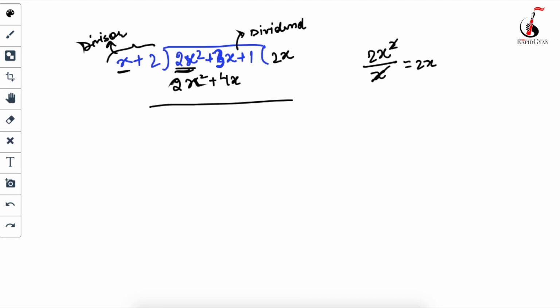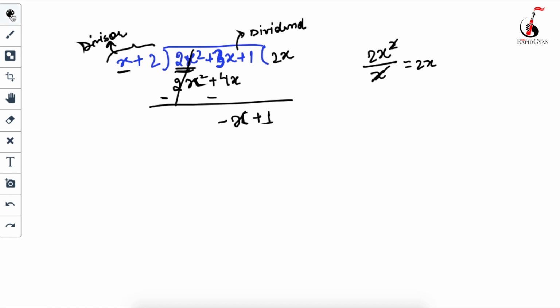If there is no sign shown, it means there is a plus sign, so it will become minus. So 2x square minus 2x square cancels out. Here it's 3x minus 4x, and you will get minus x, and then write the remaining term, plus 1.